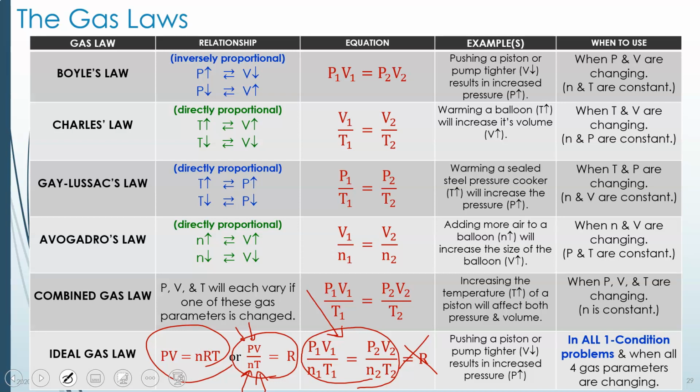Say you know P1 and V1, and you know P2, but you don't know V2. You could use this to calculate that if you know something about all of the parameters except one of them.